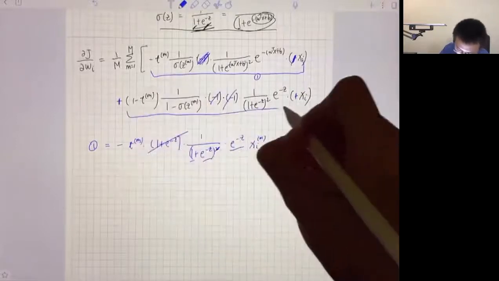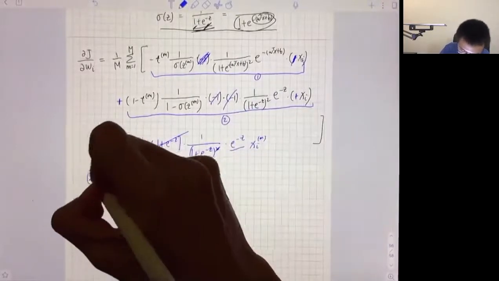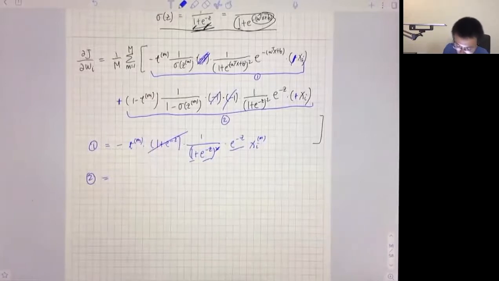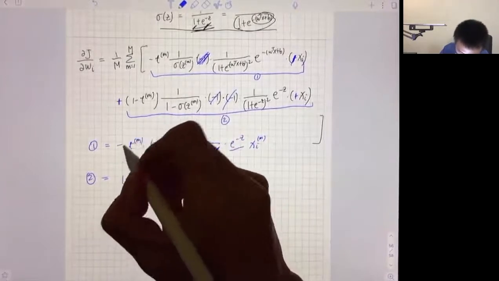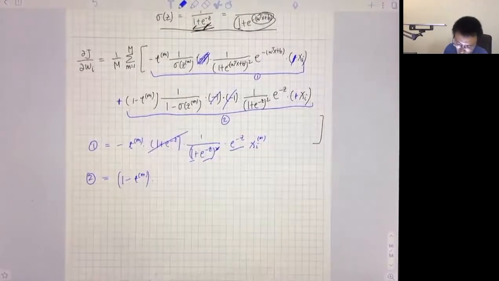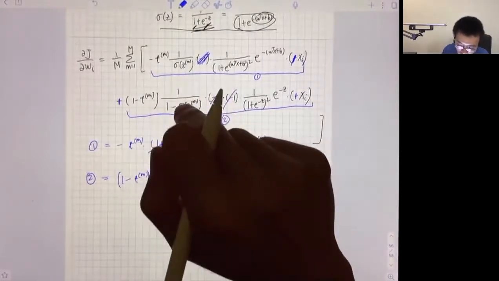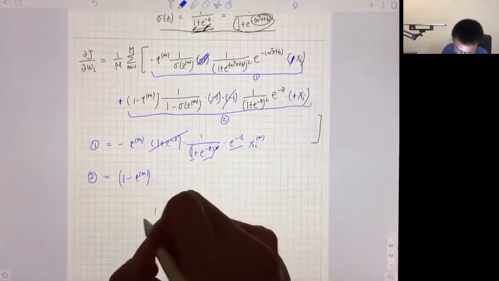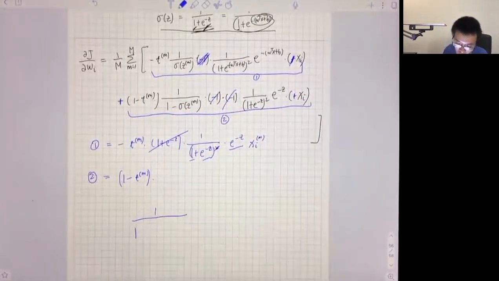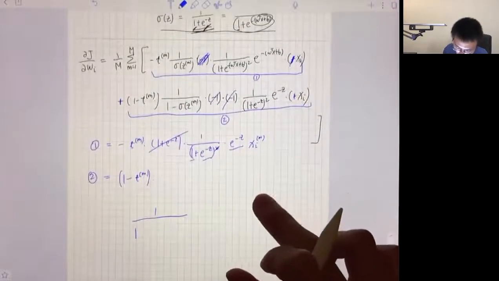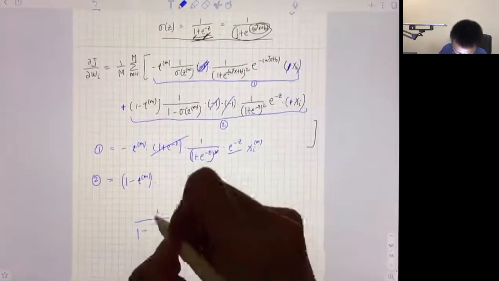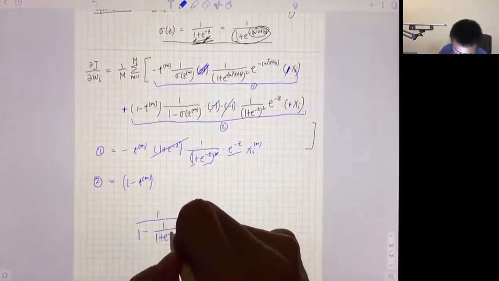Let's try the second term and see what else I can do for the giant term. So again, I would say 1 minus t_m, I just copy it here. That is 1 over 1 minus sigma. Then what is sigma? Sigma is 1 over 1 plus e to the minus z.